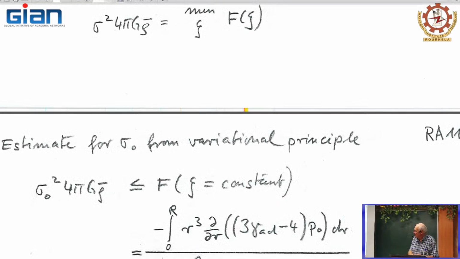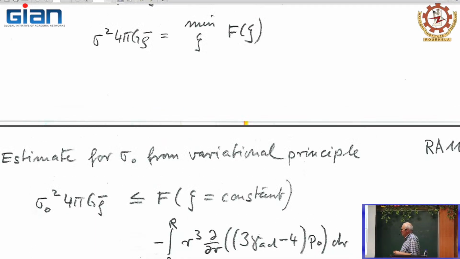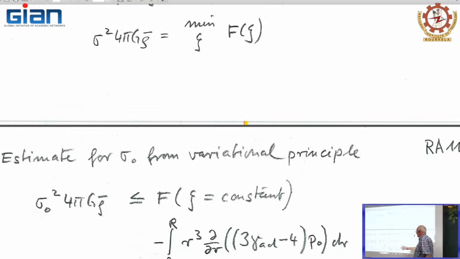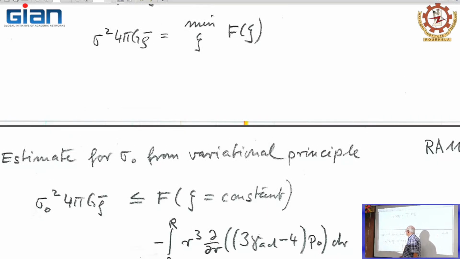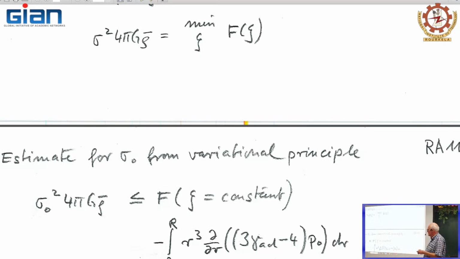What we know is that sigma naught squared times 4 pi G times the mean density is the absolute minimum of this functional, because it's the lowest eigenvalue and the functional corresponds to the relative minima of this functional.